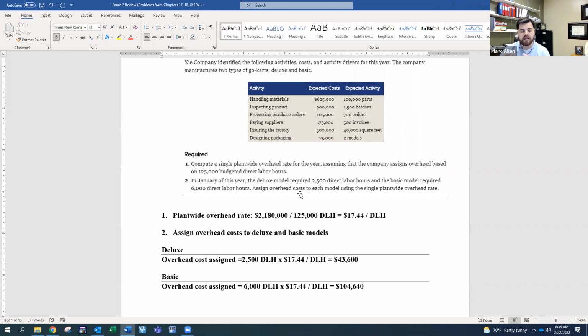It can lead to some bad decisions whenever it comes to possibly eliminating a product, department, or a section of your company, because if you have that cost assigned incorrectly, when you eliminate the product that was previously absorbing those costs, the costs are still going to keep coming in, but now you don't have a way to offset it. So you could actually hurt yourself if you use something like a single plant-wide overhead rate and you have a drastic difference in your cost allocation compared to something like activity-based costing, which of course is on this exam also.